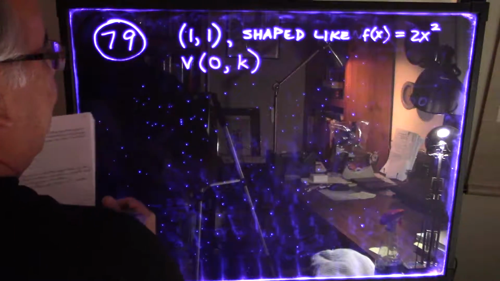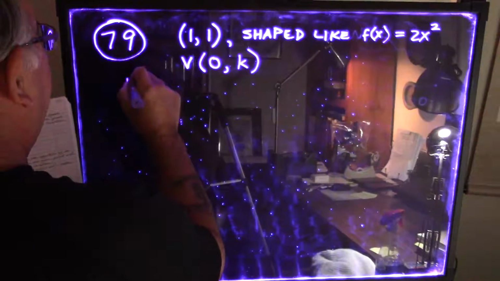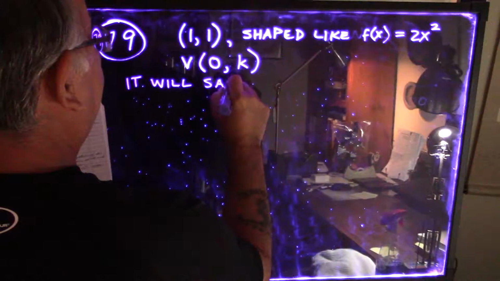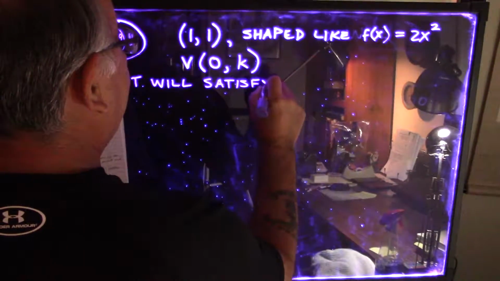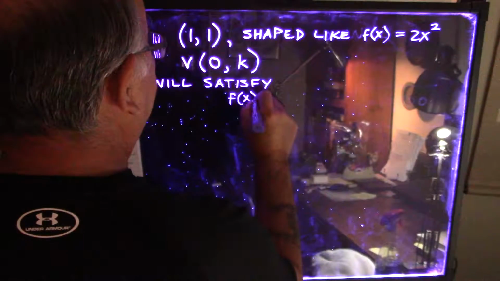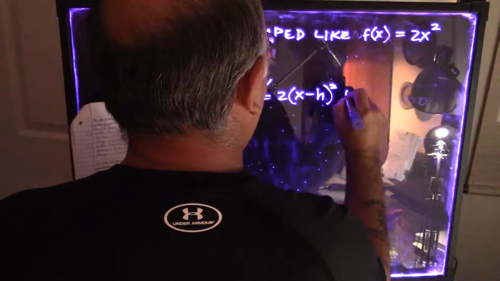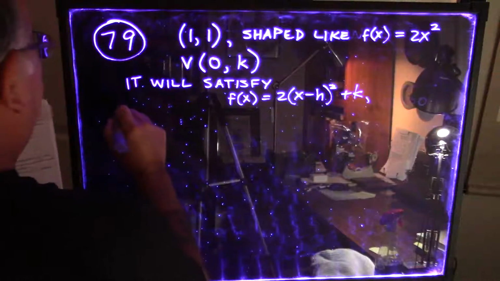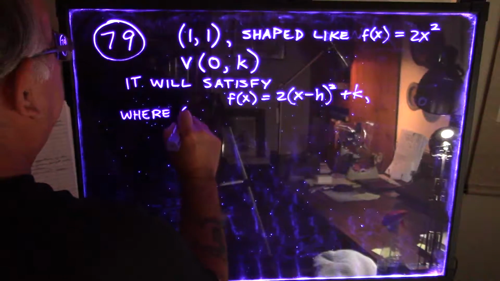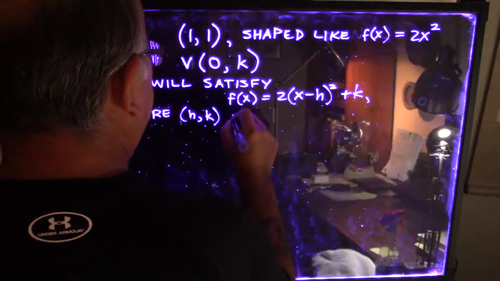So what I'm doing is I'm writing down what I know, and it will satisfy f of x, standard form that is, f of x equals 2 times (x minus h) quantity squared plus k, where (h, k) is the vertex.